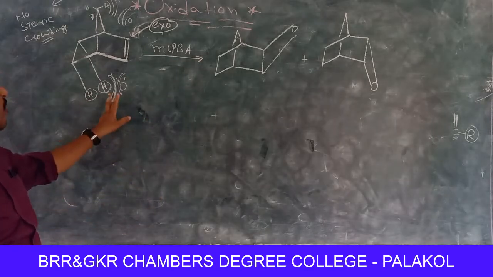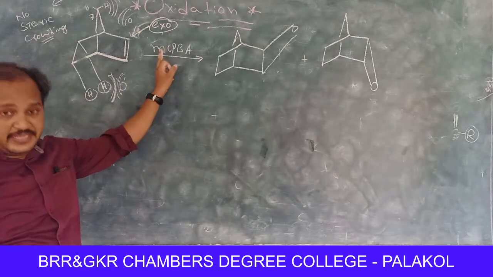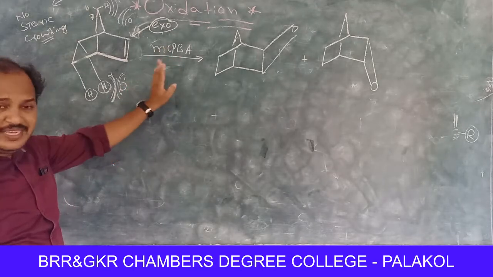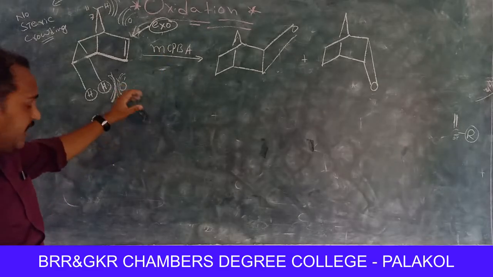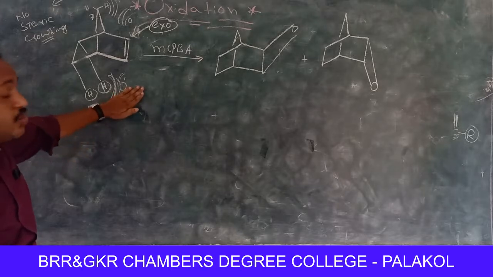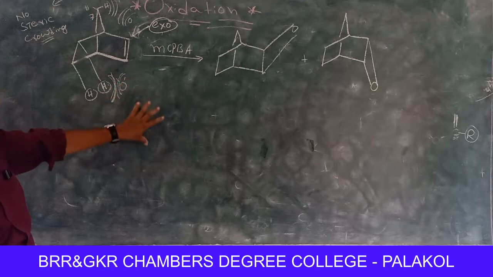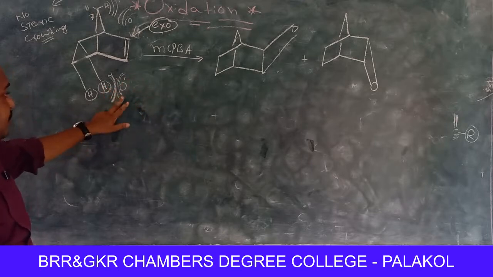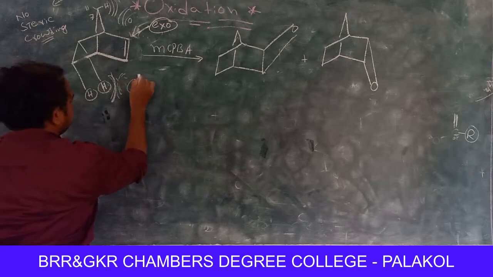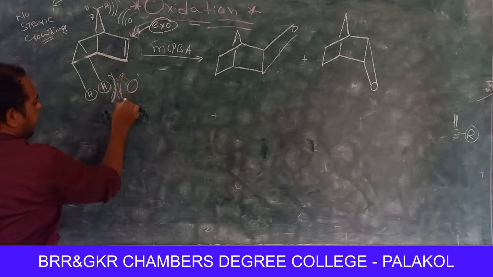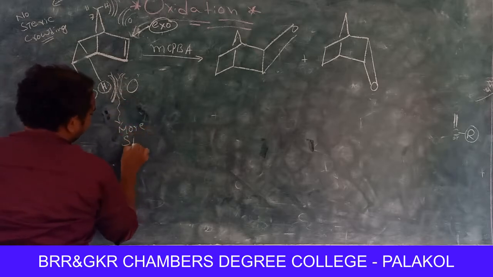Here steric crowding is not only between hydrogen and oxygen. Remember, oxygen is coming from the mCPBA, so we have to consider that. I am not writing the complete structure of mCPBA, just showing where it is coming from. So there is steric crowding between this oxygen and the hydrogen, with more steric crowding.